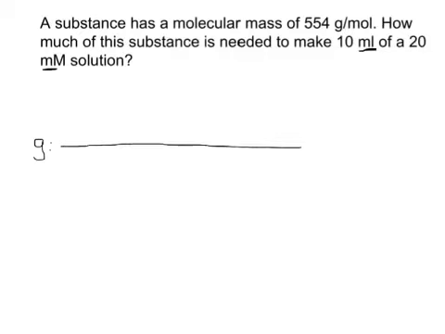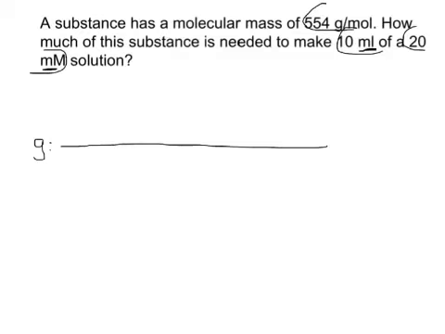Long line. And in the next step, we look at the things that we have given. So we have our molecular mass given here. We have 10 milliliter, that's the volume, and we have our molarity, we have the concentration of this solution that we want.